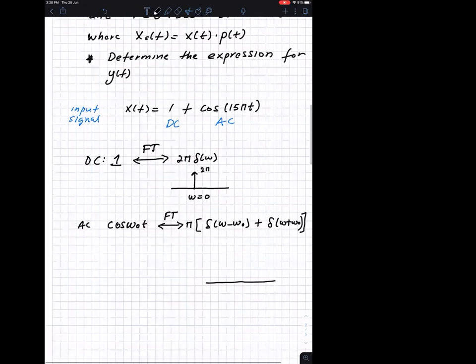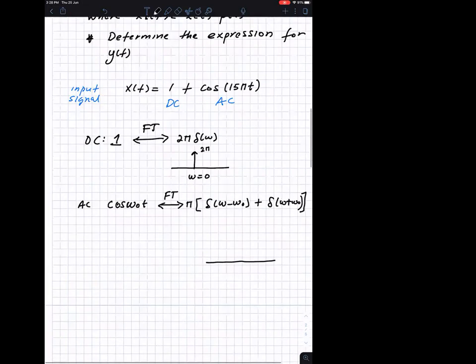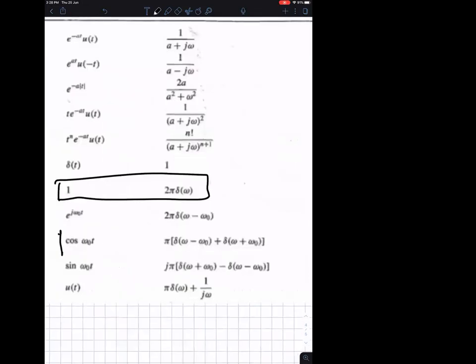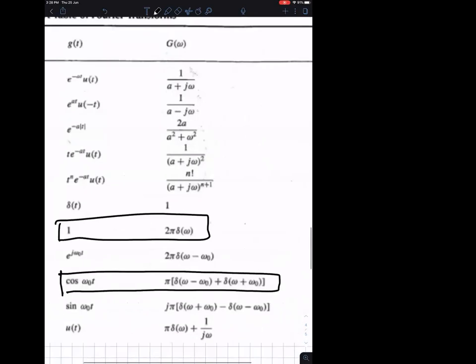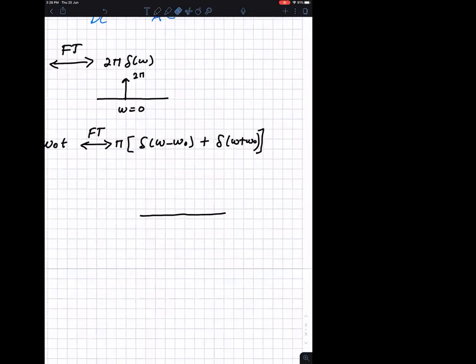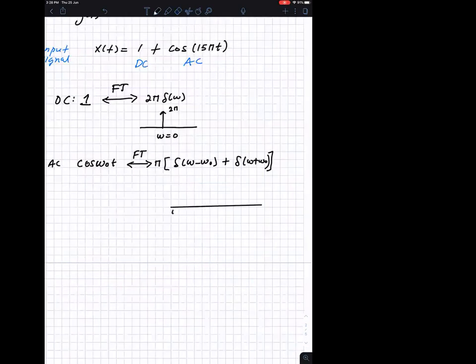You can find this information in the table right here. This signal has no bandwidth. It's only a single frequency. For this signal, you have a spike here at pi, then another spike here at pi.